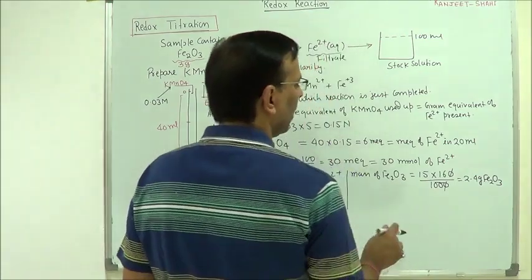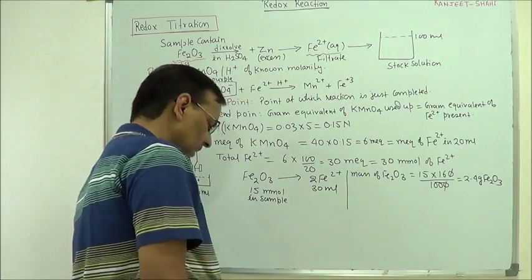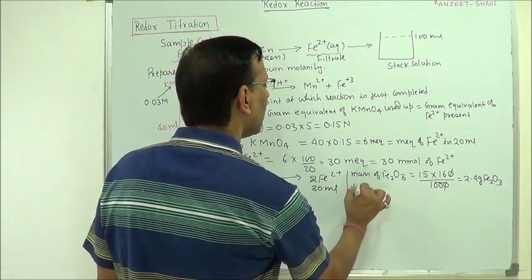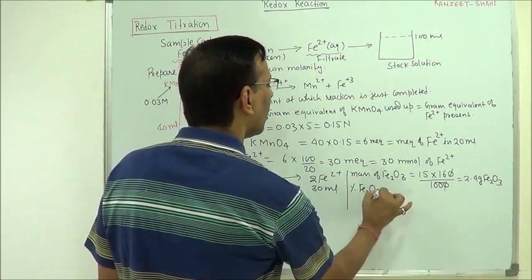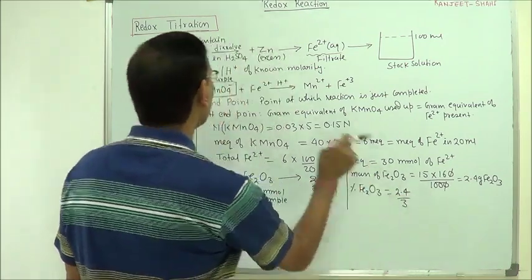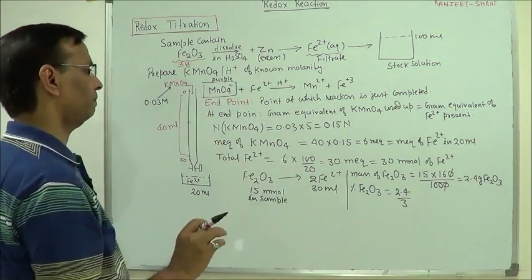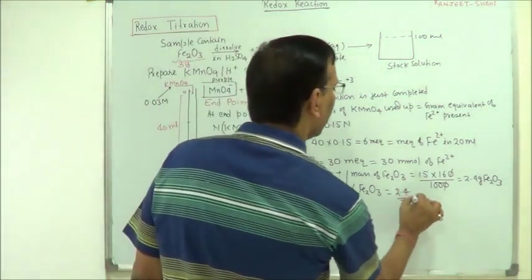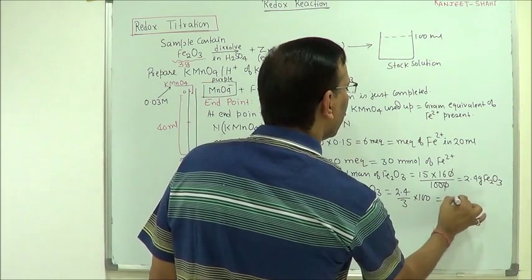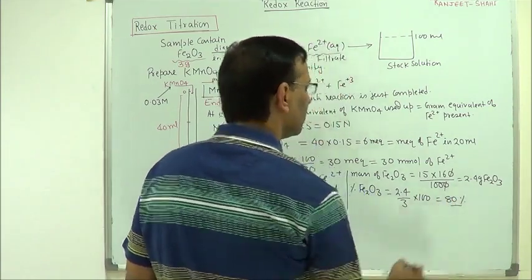Fe2O3. If we go for percentage, it would be 2.4 divided by 3, we have taken 3 gram initially, into 100. So it is 80%.